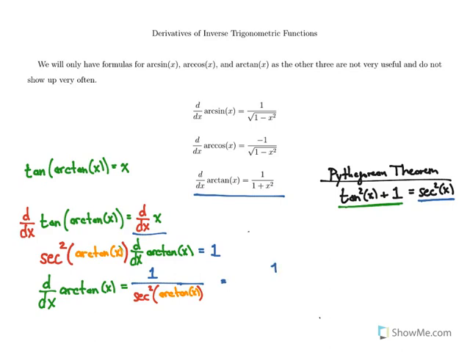And that'll give us 1 over, secant squared is going to turn into tangent squared plus 1. I'm going to actually write that as 1 plus tangent squared, just so we can see where it's going to come from.